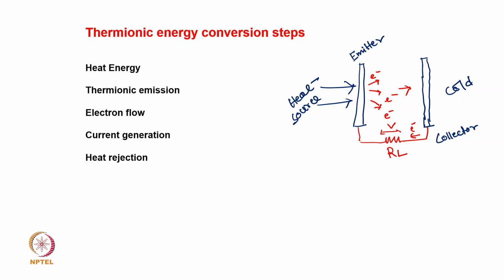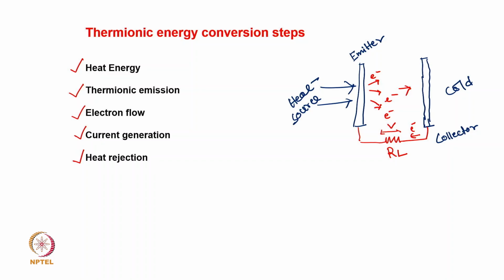So, what are these steps? The first step is that you provide heat energy to this configuration. The second is the thermionic emission, that means the electron emission takes place from the emitter. The third step is electron flow, as I have shown here. Remember that I have not shown any space charge effect here, which I mentioned; I will come back to the space charge effect again. Then there is current generation, which we have seen here, and of course heat rejection, which happens through the collector.